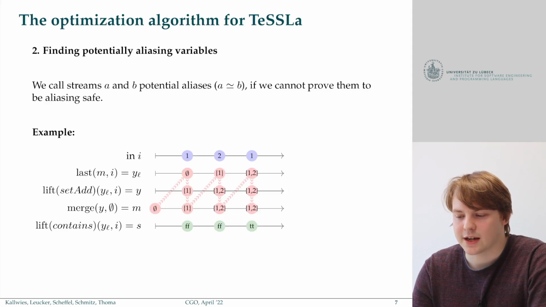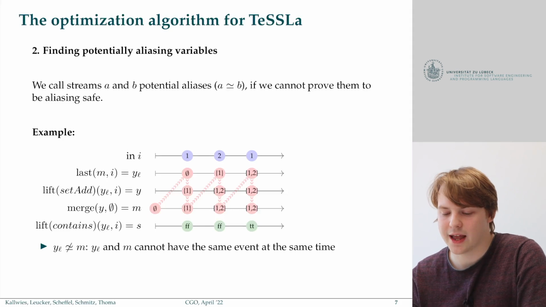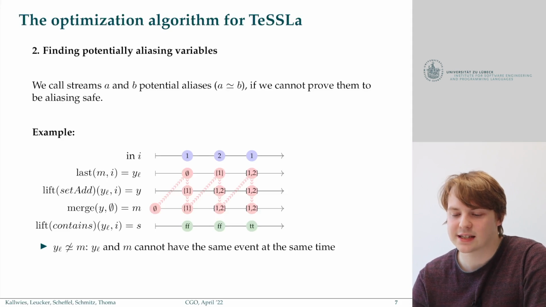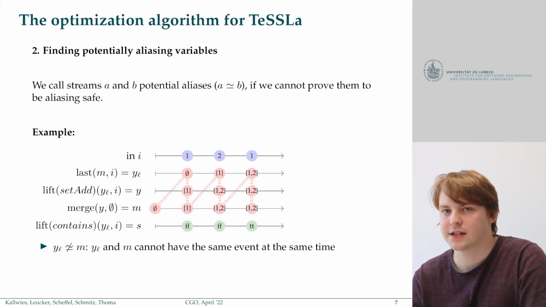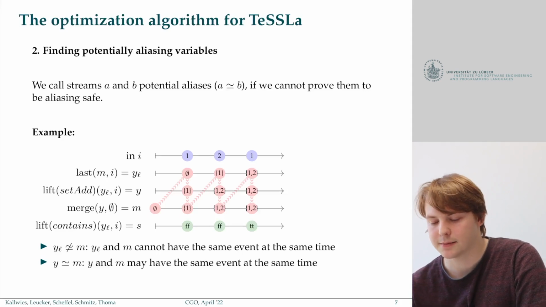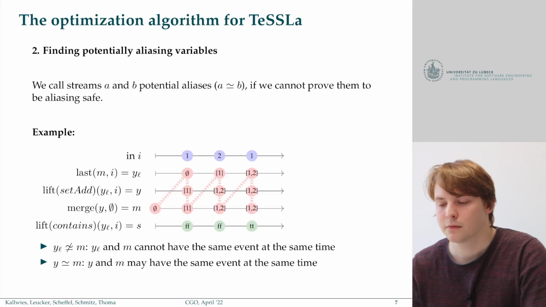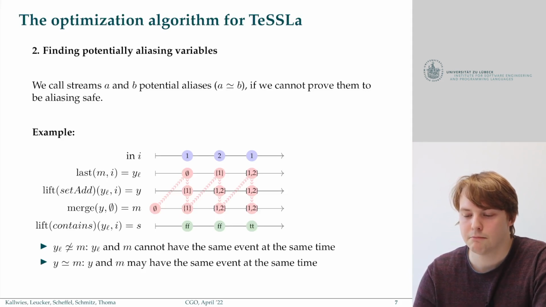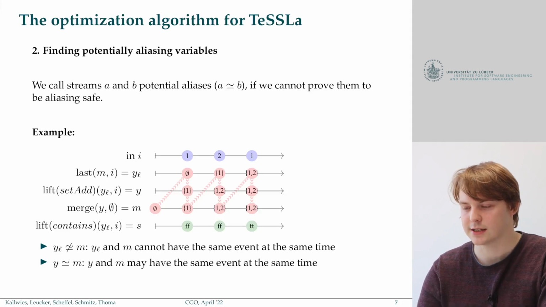But if we look at our example again, then we can see that the streams YL and M are not aliases, simply because YL always takes the last event of stream M. So M and YL cannot have the same event at the same timestamp. On the other hand, Y and M could have the same event at the same timestamp because M may just take over the event from stream Y, so they are potential aliases.